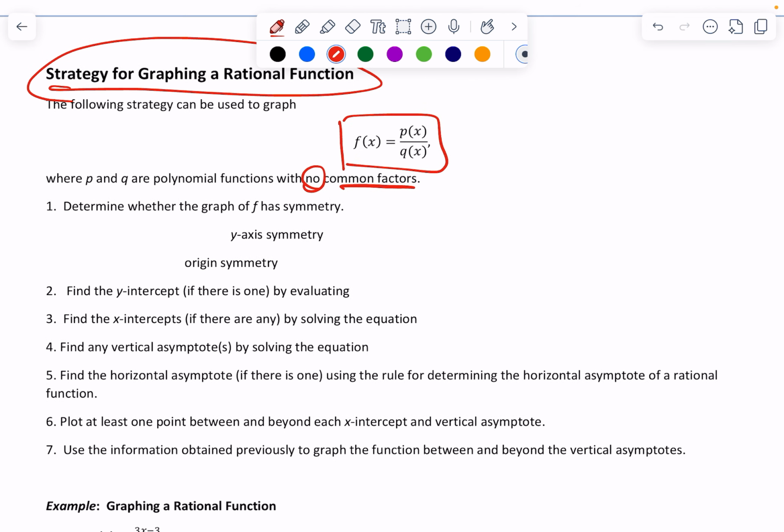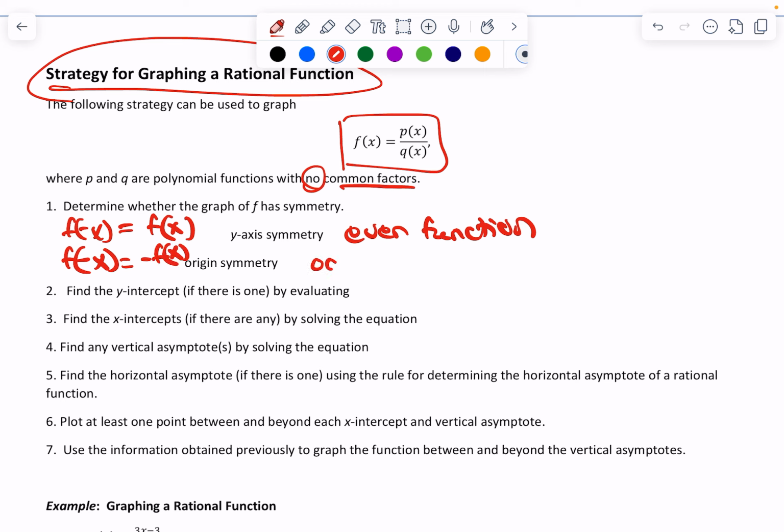We calculate f of -x. If f of -x equals f of x, it has y-axis symmetry, and that also means it is an even function. If f of -x is negative f of x, it has origin symmetry and it is an odd function.